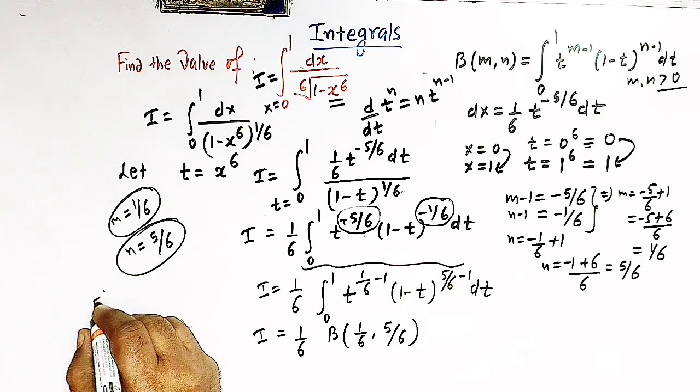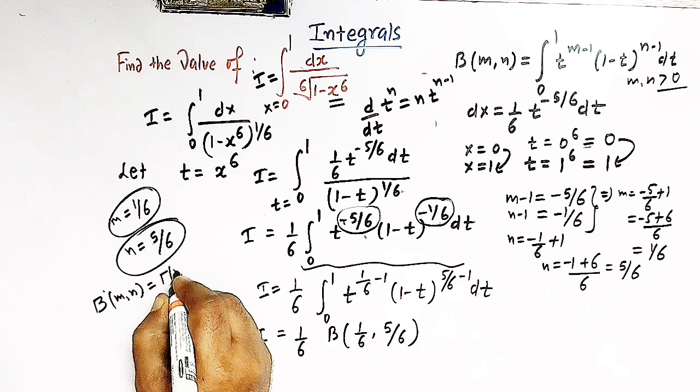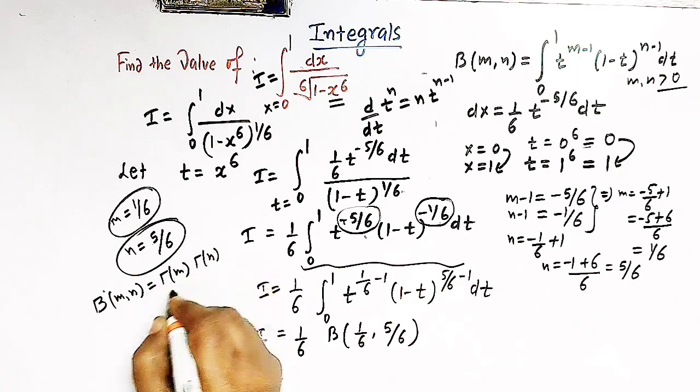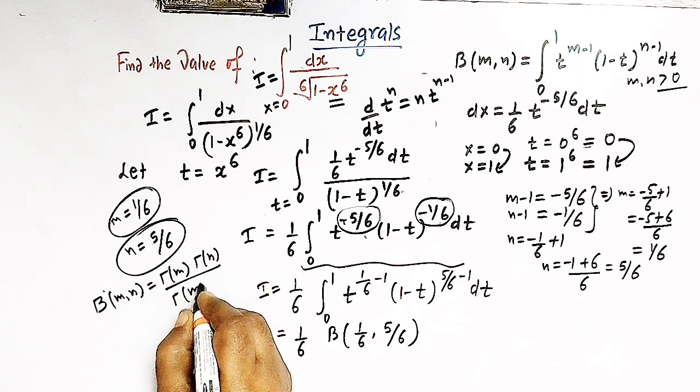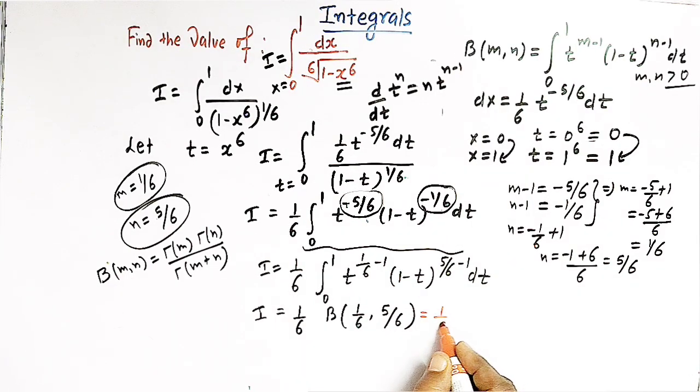So gamma beta m comma n is given by gamma m times gamma n divided by gamma m plus n. So now using this relation, we can now write 1 over 6.